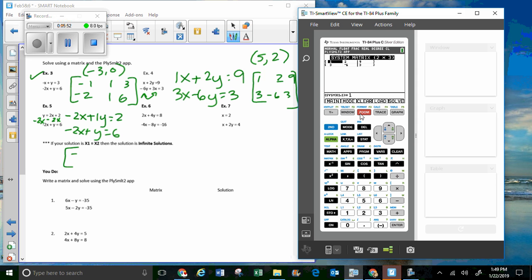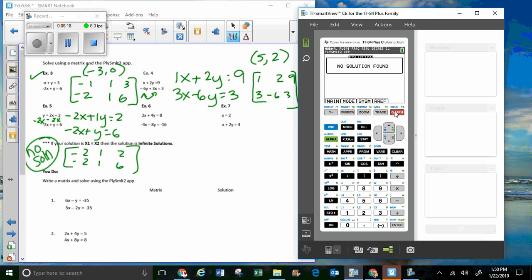I know it's easy to get in the habit of just going right from the equations to the calculator, but I would like you to write your matrix first. Negative 2, enter, 1, 2, negative 2, 1, 6. Solve. Uh-oh. What does it say? No solution found. That means that there's no solution.